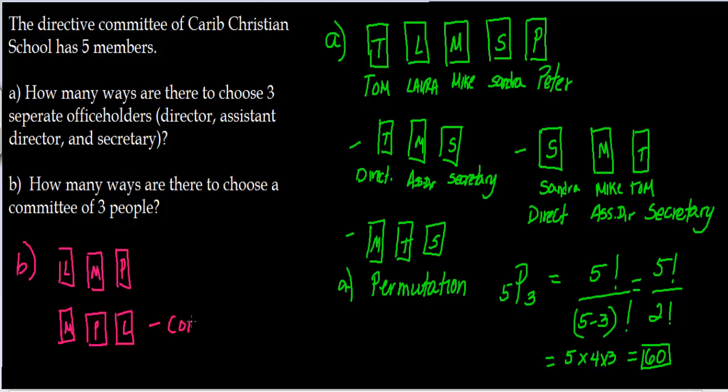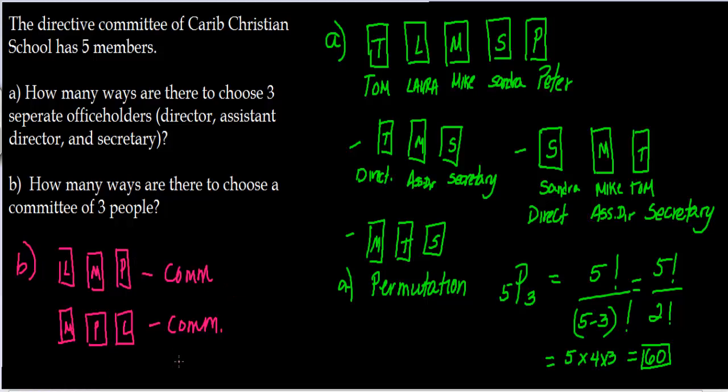This committee is exactly the same as this committee. So I'm not going to count it as 2 ways. This is the same group of people. Even though they were chosen differently in a different order, it's still the same committee because the 3 people are the same people. So in letter B, this would be a combination.